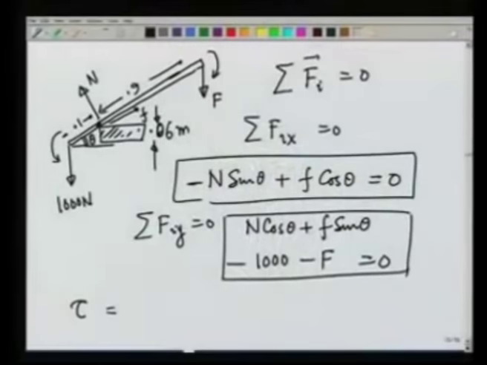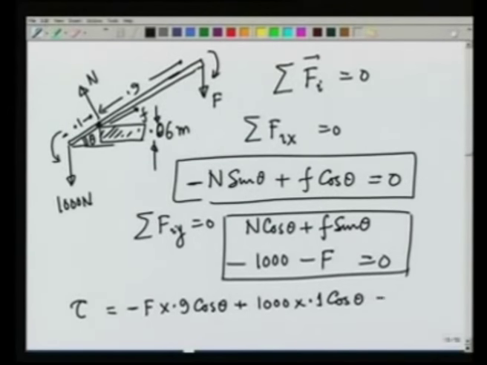Clockwise would give me a minus k. So, minus F times 0.9 cosine of theta plus 1000 times 0.1 cosine of theta is equal to 0.